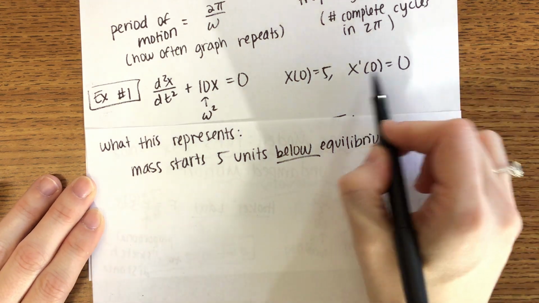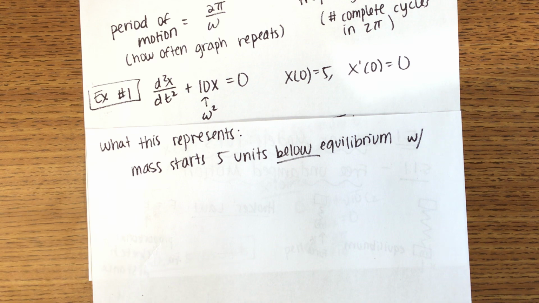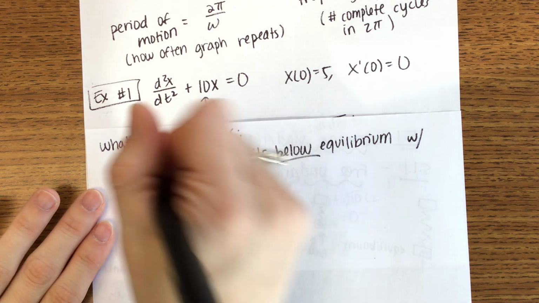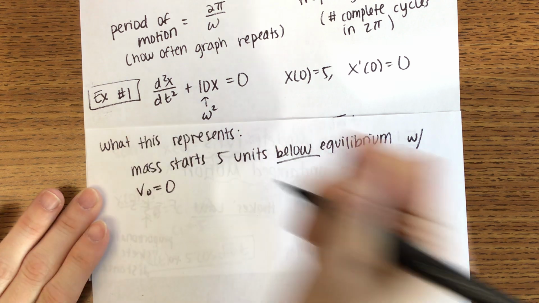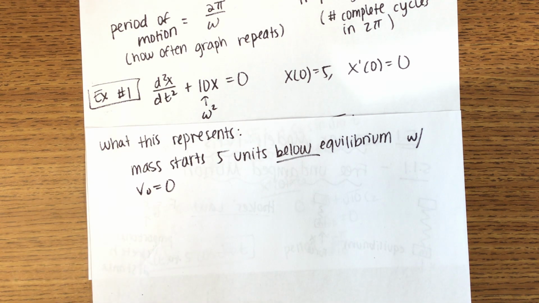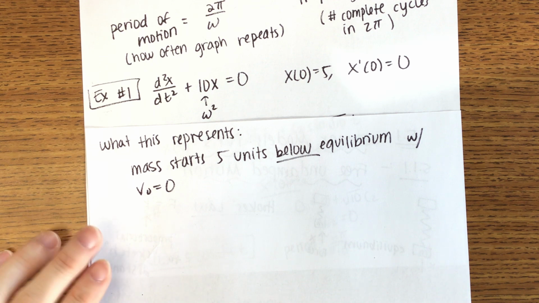Equilibrium with. What does that x prime of 0 equals 0 mean? With initial velocity 0. Sometimes the way that'll be worded is that the object is released from rest. That's the same meaning.